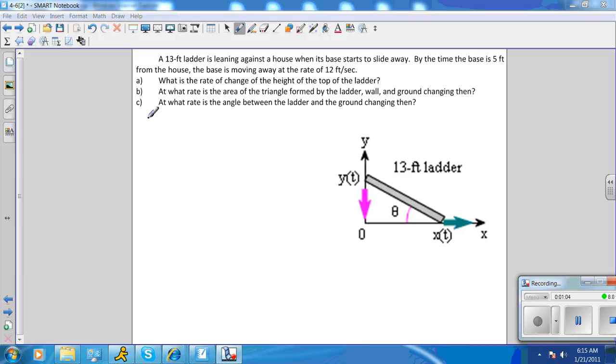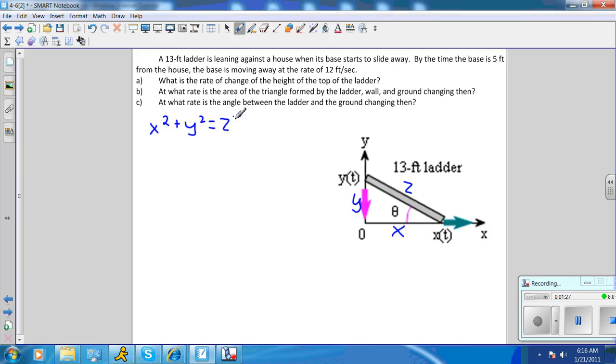What is the rate of change of the height of the top of the ladder? We'll call this side of the triangle Y, this side X, and the ladder Z. So we know that x squared plus y squared equals z squared, because this is a right triangle.